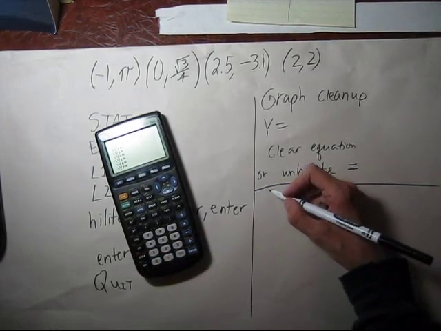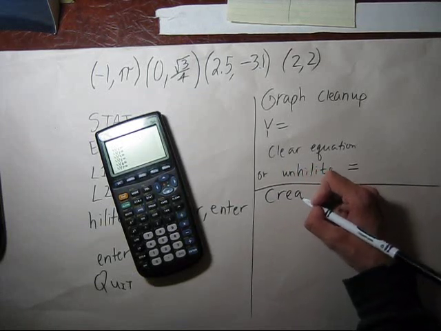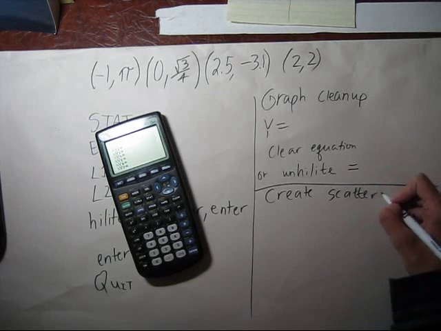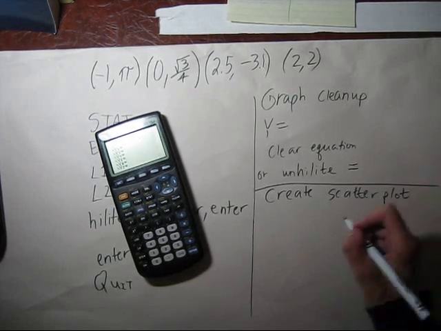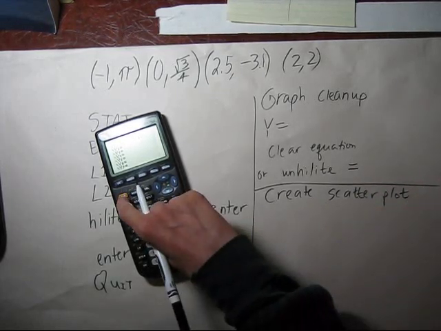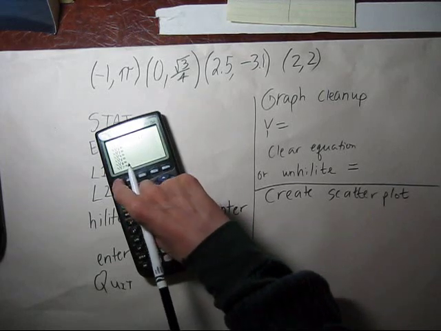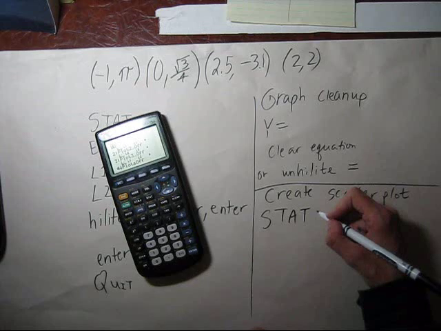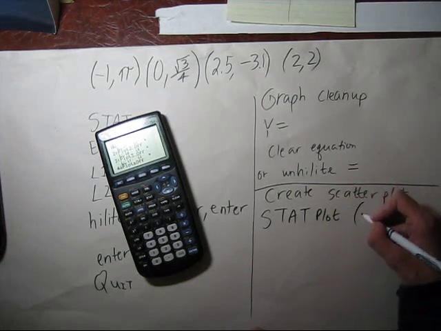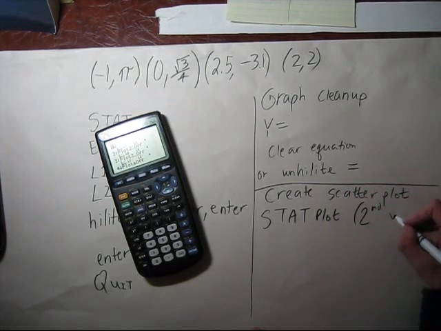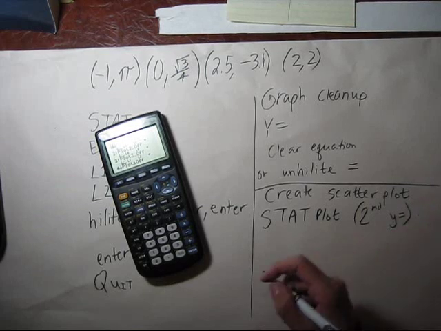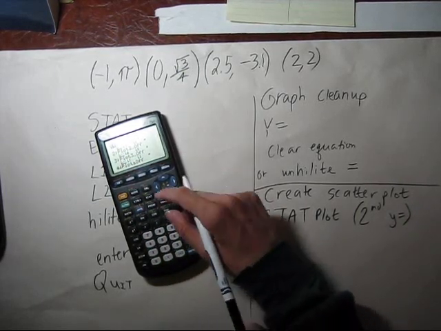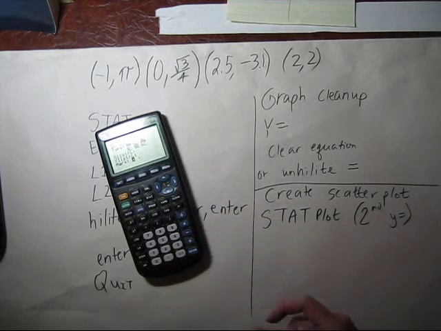What we're really doing is creating a scatter plot. Okay, so you go to second y equals, that's the stat plot. Okay, we want the first plot highlighted. Mine's highlighted right now, so I'm just going to hit enter.